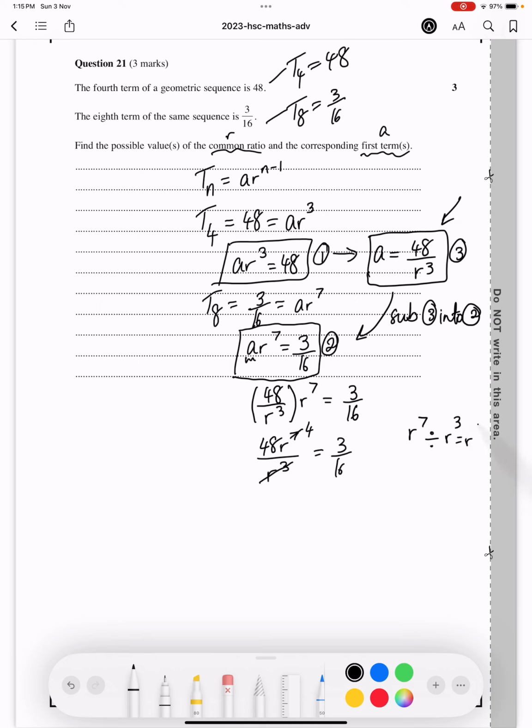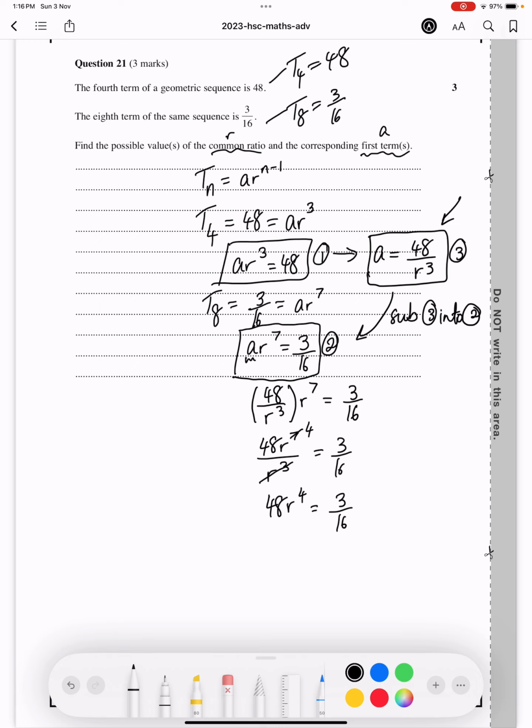So 7 minus 3 is 4. And so that's why we ended up with that. Just go ahead and rub that out, give us some space. And so 48R to the power of 4 equals 3 over 16.